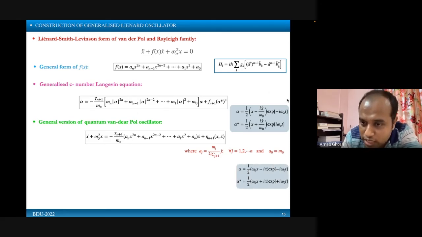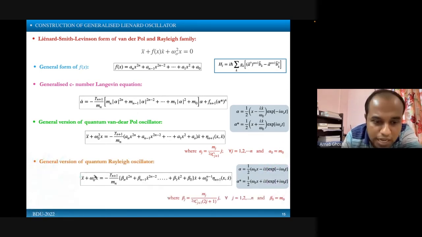If you change the substitution from this to that, you can obtain the general versions of these quantum noisy Rayleigh oscillators, where again you can identify the relations between the coefficients beta and your AI. This is your beta j. So this is for van der Pol. In this case it is beta with these MJs, and this is given by these expressions.